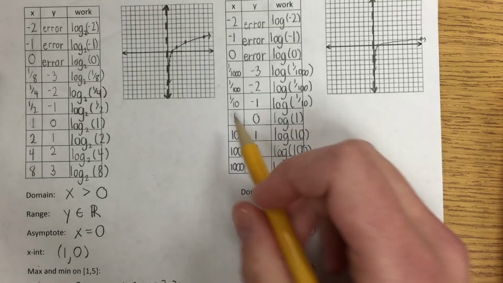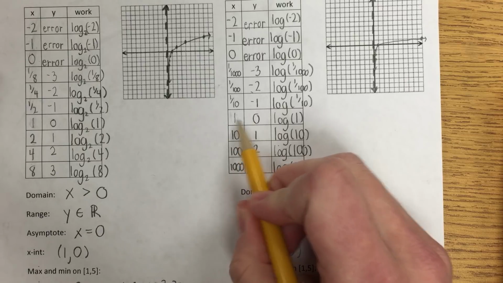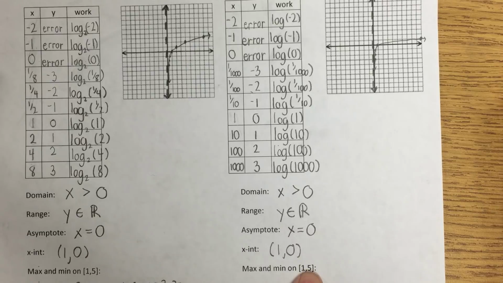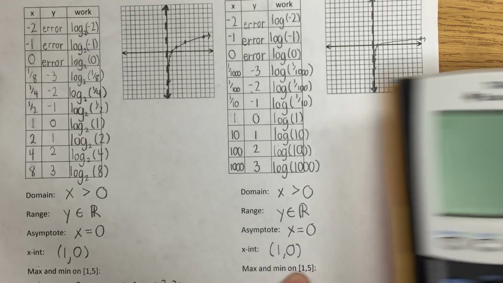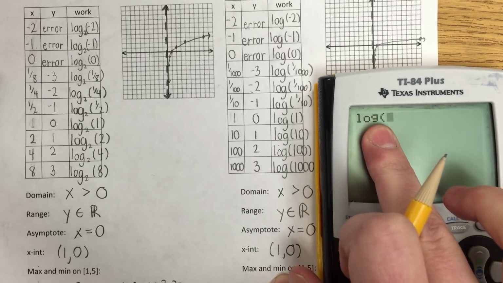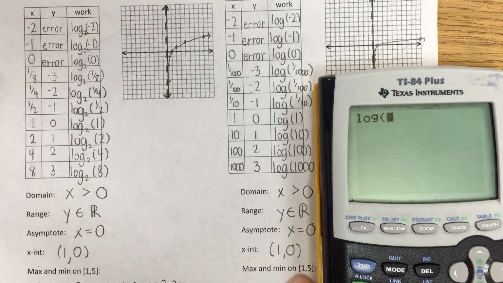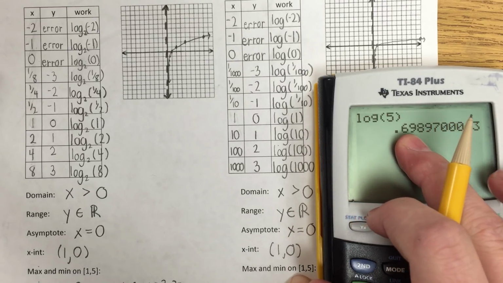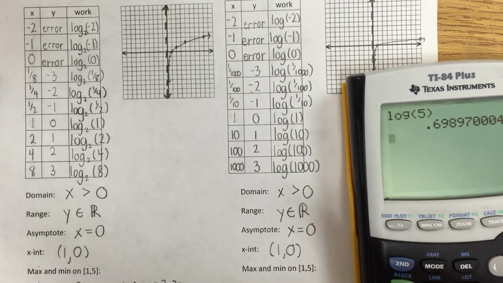Likewise here, I know my y value when x is 1, but I don't know my y value when x is 5. So I need to type into my calculator log, and remember that's base 10 because nothing's written. Log base 10 of 5 is approximately 0.70.